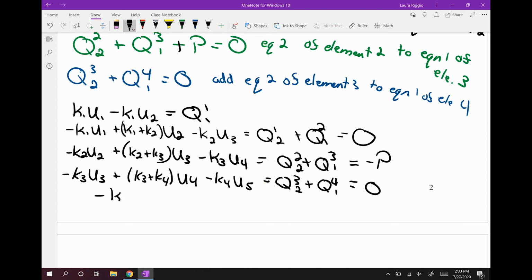And last we have minus K4 U4 plus K4 U5 is equal to Q42.